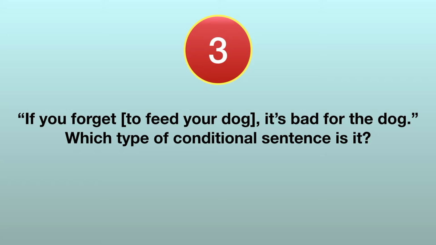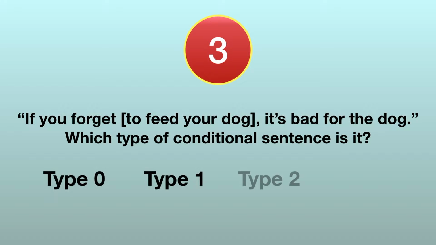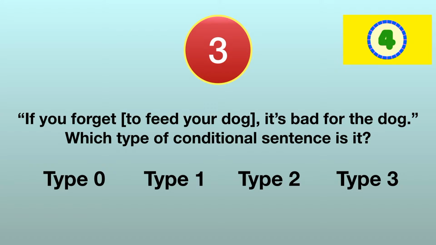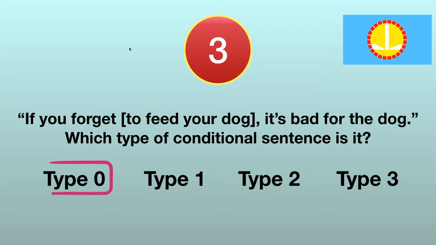Which type of conditional sentence is it? Type 0, Type 1, Type 2, or Type 3? Again, 5 seconds. The answer is Type 0.